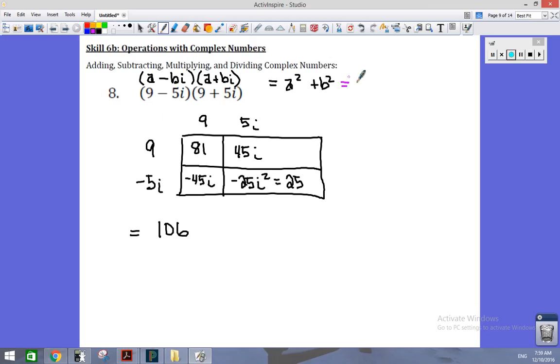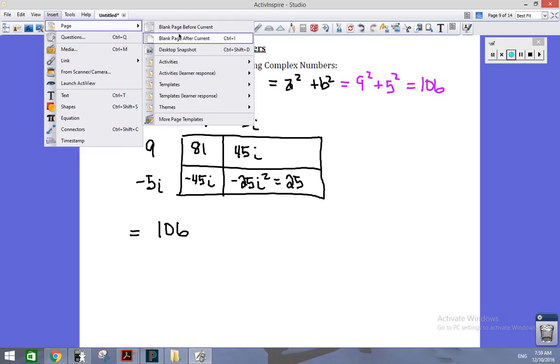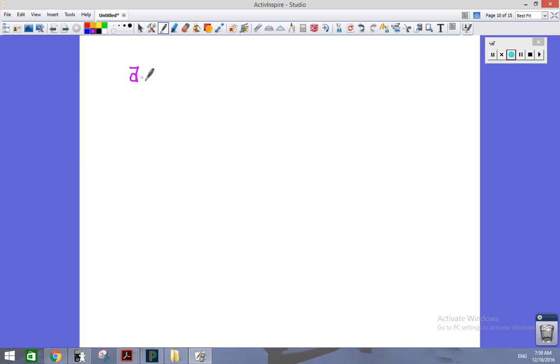So we have a squared plus b squared, 9 squared plus 5 squared, 81 plus 25, and we saw that this is 106. All right, so let's real quick just simply prove it to you beyond a shadow of a doubt that if we have a plus bi times a minus bi, we are going to get a squared plus b squared.